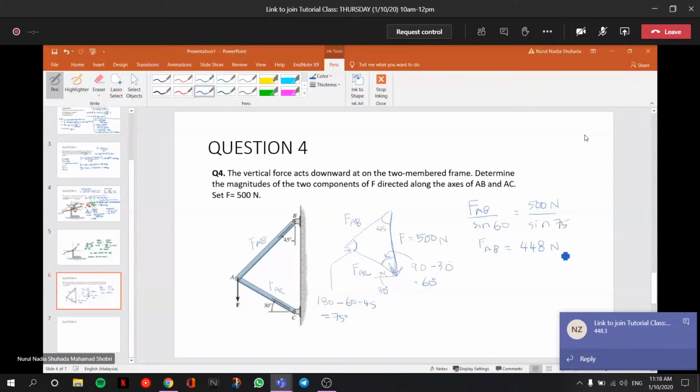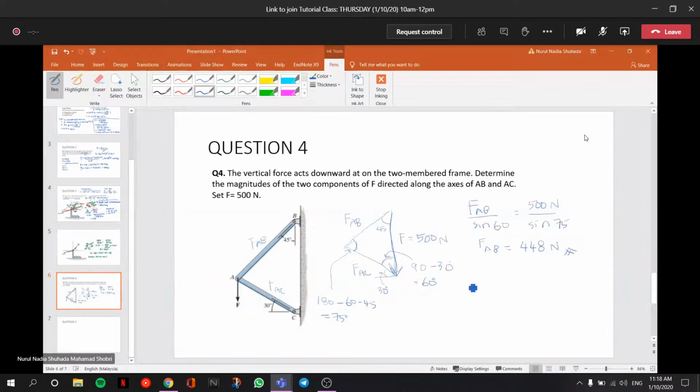And then we can use the same sine rule for force AC, and you guys would get 366 Newton.